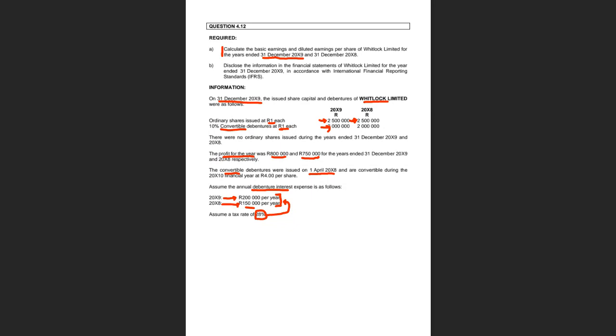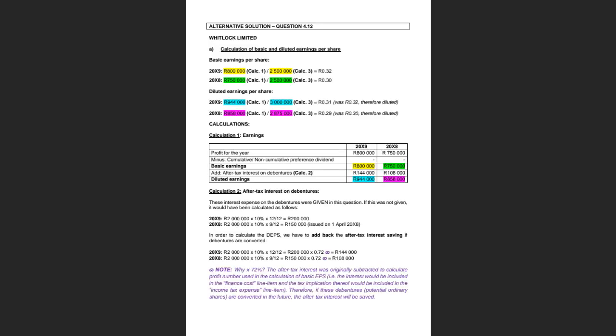Okay, so we're going to start off with our profit, right? And remember, we had 800,000 in 20x9. We had 750 in 20x8. Okay, so when we're looking at that, we then want to, firstly, do we have any preference dividends?